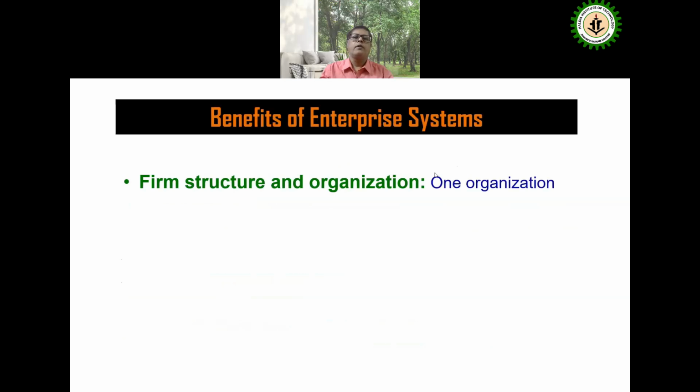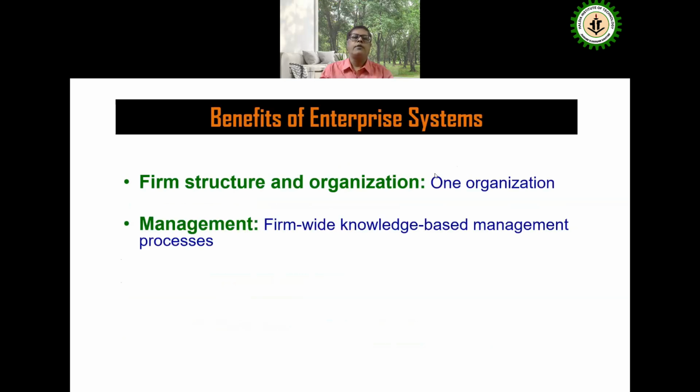Now let us go through the benefits of enterprise system. When we are considering the firm structure and organization, ERP can be viewed as a single organization.